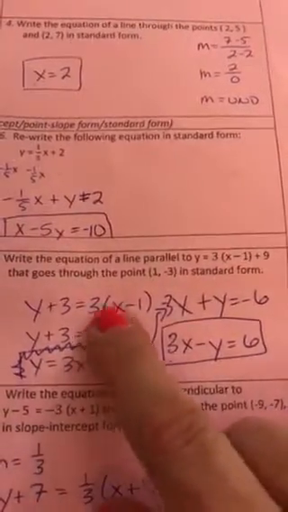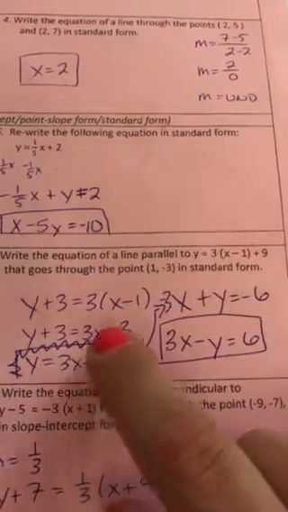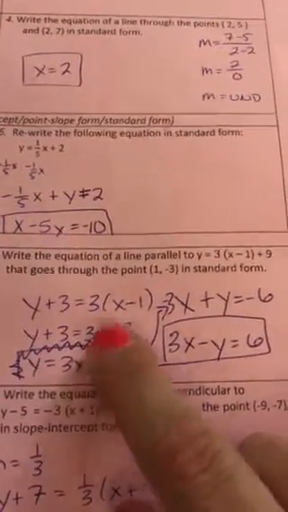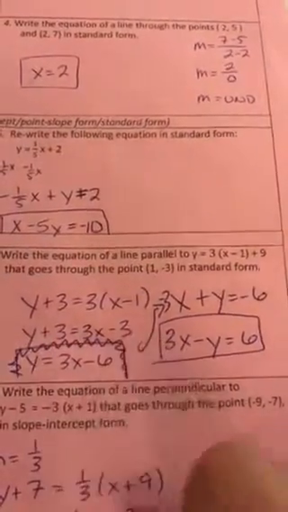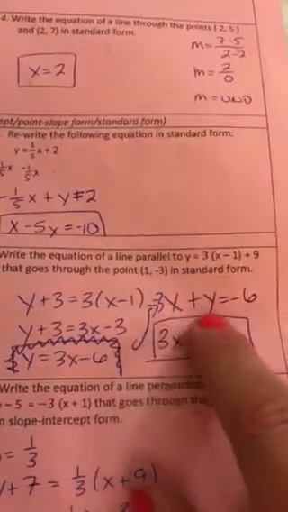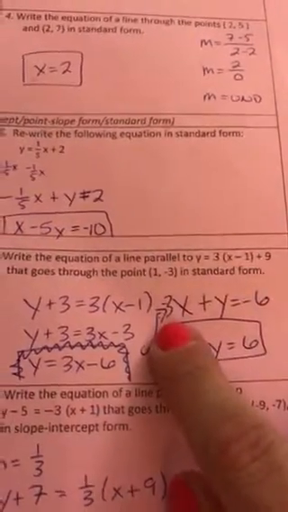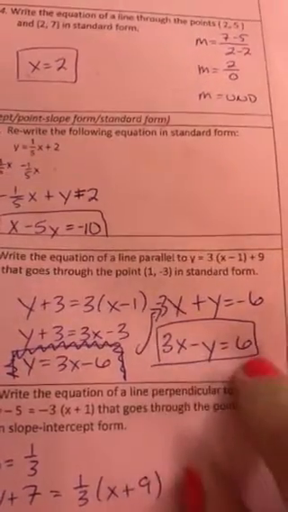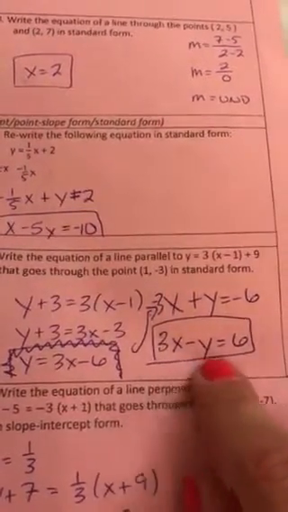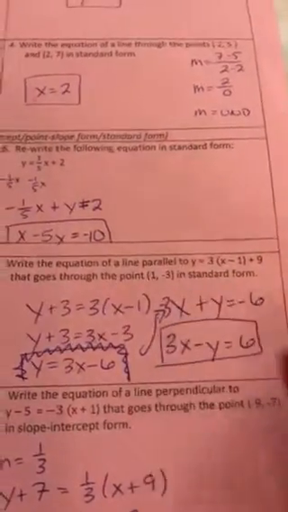If I simplify by distributing the 3 to everything inside the parentheses, then I can go ahead and subtract 3x from both sides, subtract 3 from both sides, leaving me with -3x plus y equals -6. I cannot have a negative A, so I multiply everything by -1, which changes the sign on everything, and I'm left with 3x minus y equals 6. That is the answer in standard form.